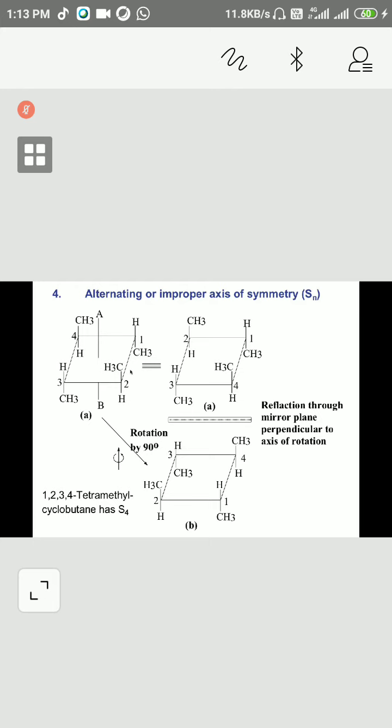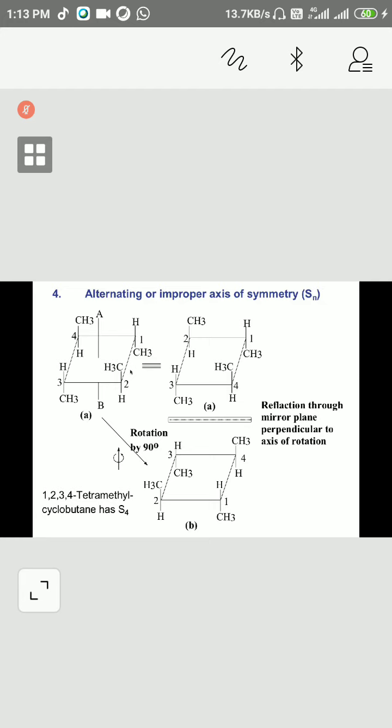Now we will see asymmetry and disymmetry. In general, asymmetry is used for those compounds which have none of the four elements of symmetry. In contrast, the term disymmetry is used for all stereoisomeric compounds which are capable of existing as a pair of non-superimposable mirror images.